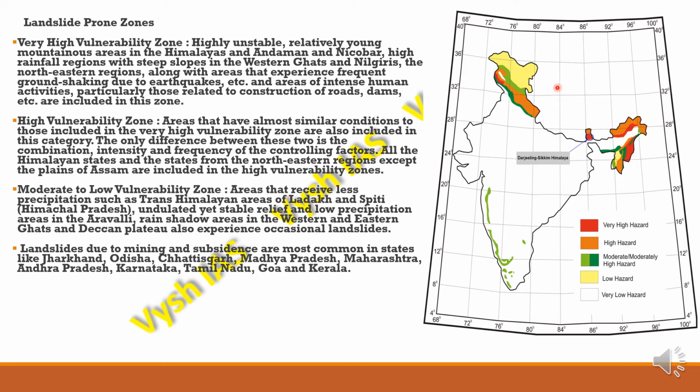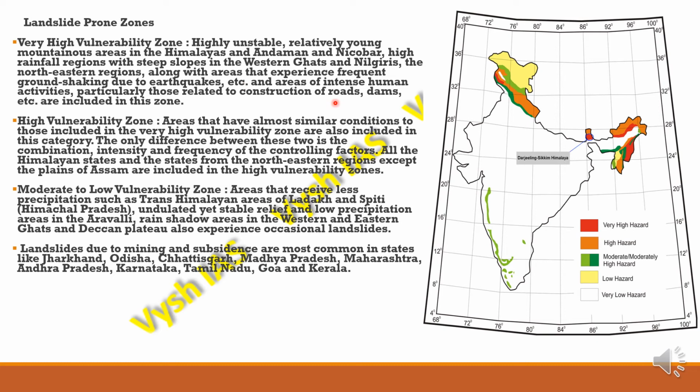So these very high zones will be mainly young mountain areas, the Himalayas, Andaman and Nicobar Islands, then high rainfall regions with steep slopes in the Western Ghats and Nilgiris, then the northeastern regions, and these areas will experience frequent ground shaking due to earthquakes. So everything is interrelated. Earthquakes will lead to landslides, landslides will lead to something else.